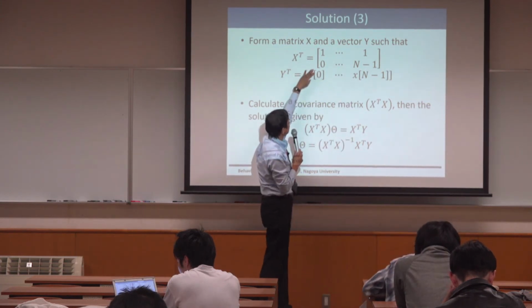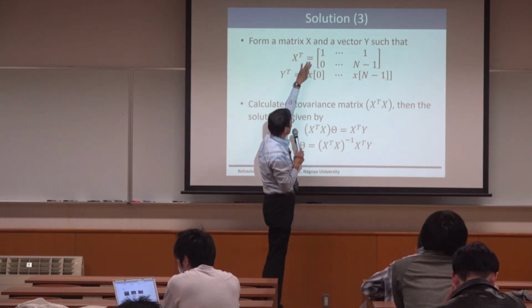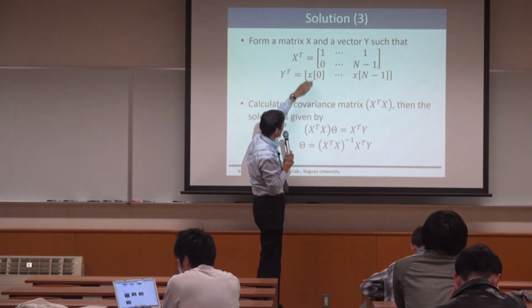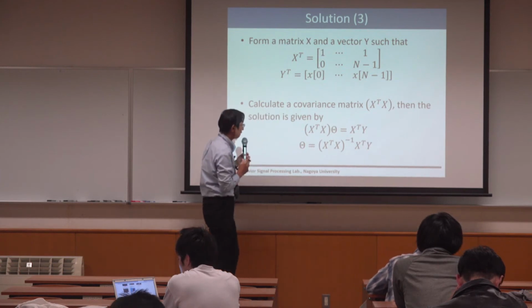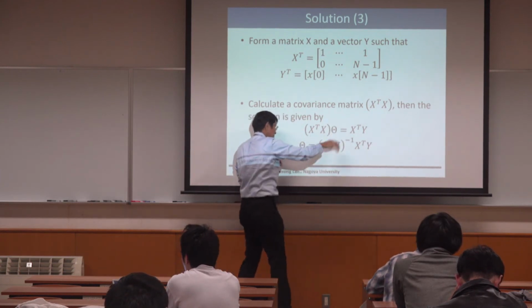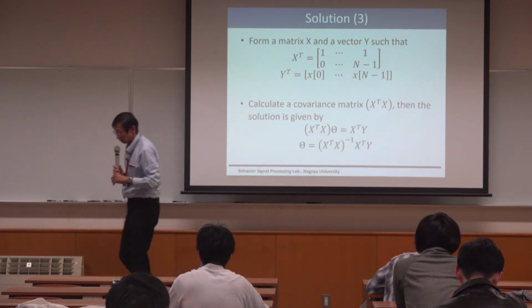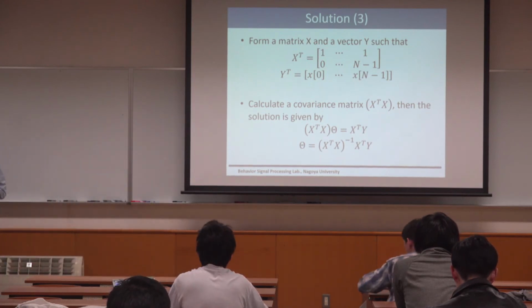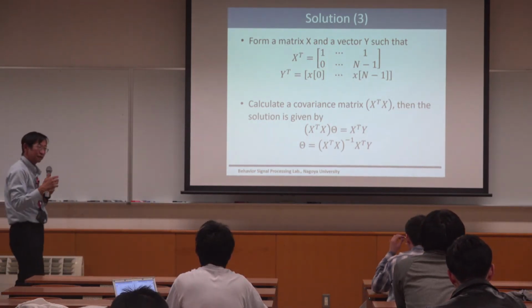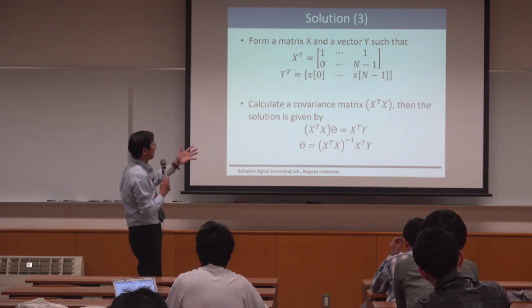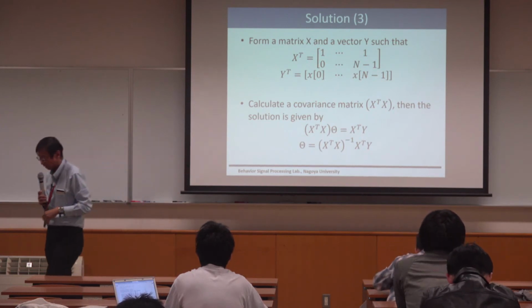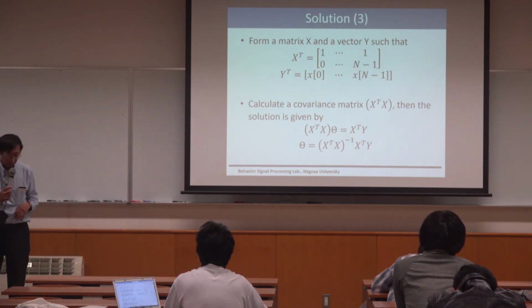Those data should be described in a matrix form like this in the two different matrices. Then you can calculate this for the optimal solution and actually do that.